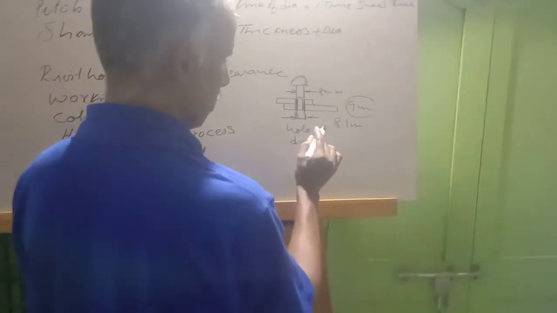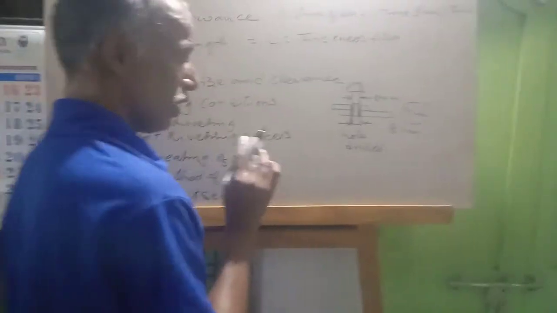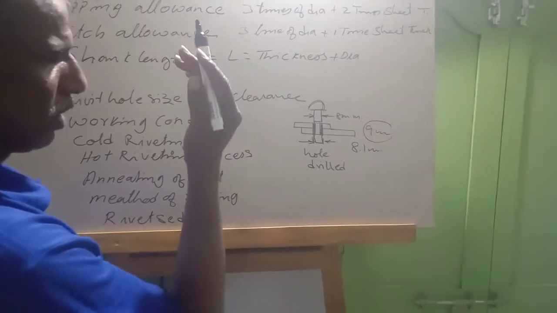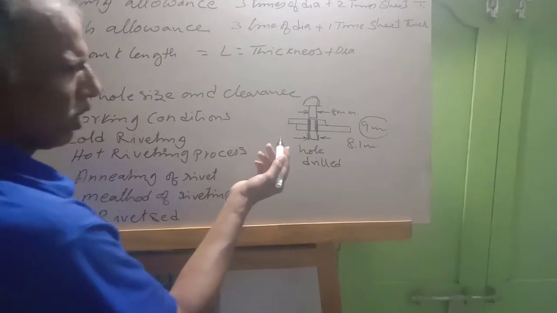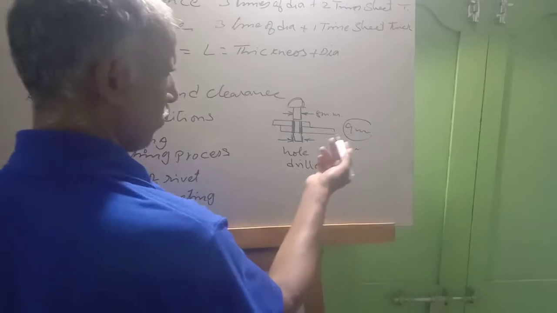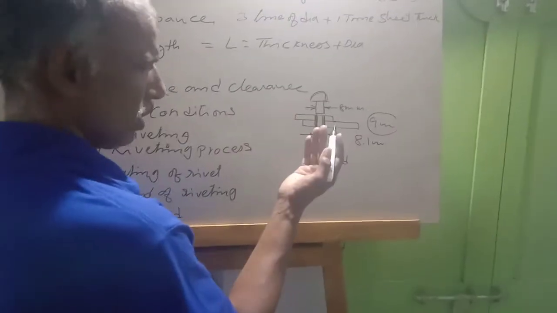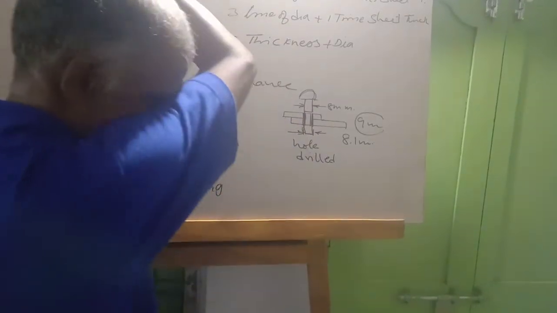You have to select according to the work. If it is non-precision, ordinary work, you can put 8.2, 8.3, 8.4 also and rivet, where it is only to hold the sheet. It will not matter if this gap is there.